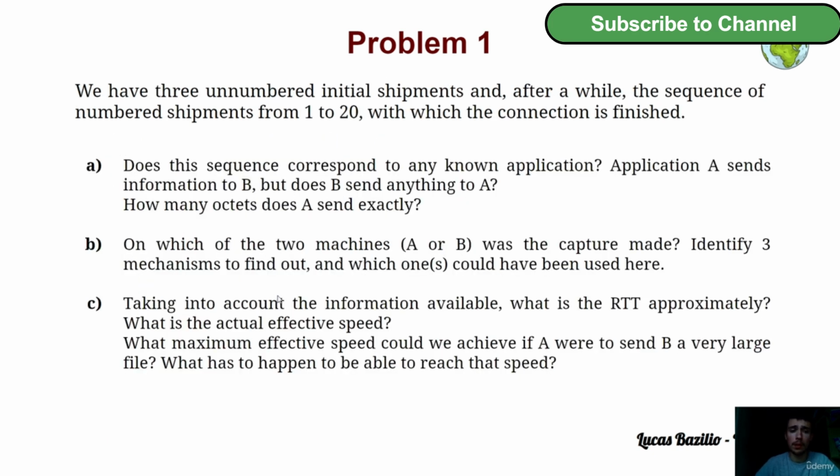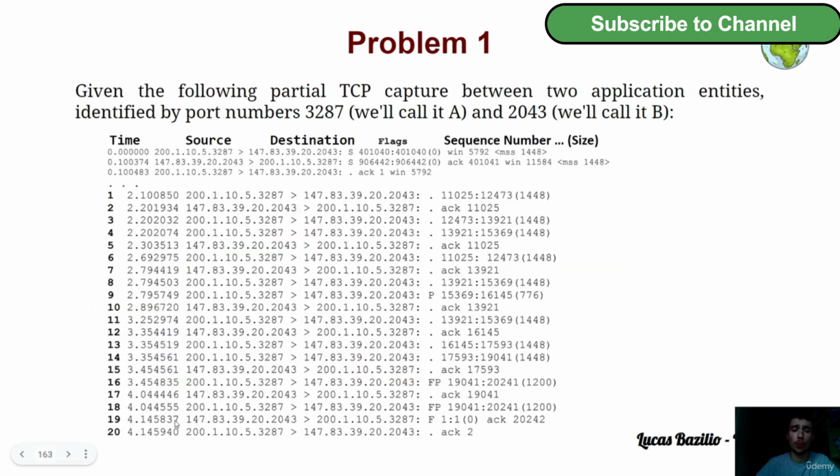So now, coming back again to the question, application A sends information to B, but does application B send any information to the application A? Well, to answer this question, we need to look at the last acknowledgement that the application A sends to the application B. Because in that acknowledgement, we will have a value, and this value is going to tell us how many bytes of data were sent.